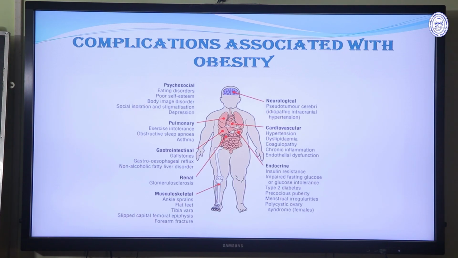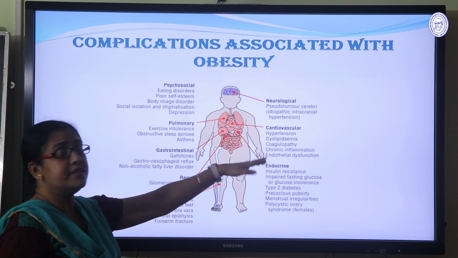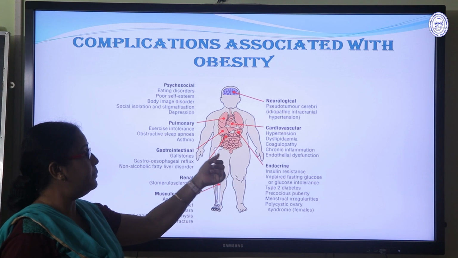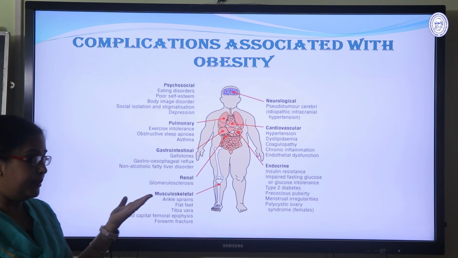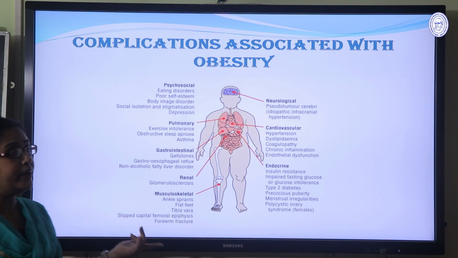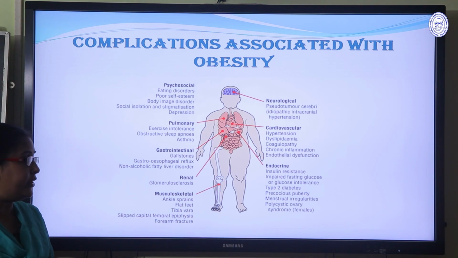So, there are some complications with organ and system. Some neurological complications are there. Some cardiovascular complications include hypertension, dyslipidemia, hyperlipidemia, chronic inflammation, endothelial dysfunction, atherosclerosis, etc. Some endocrinal imbalance like insulin resistance, type 2 diabetes, impaired fasting glucose and glucose intolerance, menstrual irregularities, PCOS or polycystic ovarian syndrome, etc. are common.